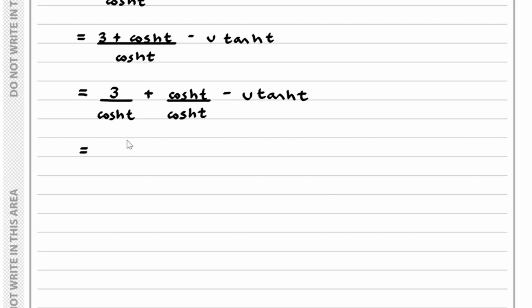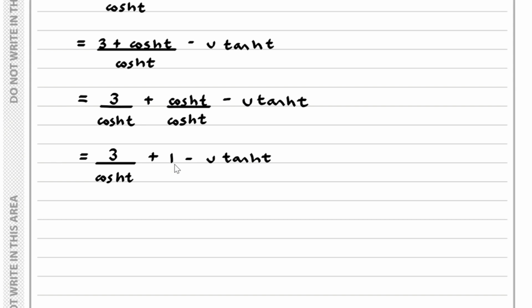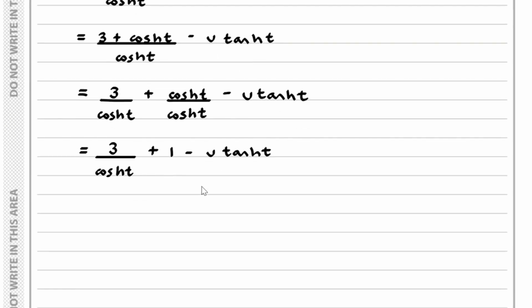So we've got 3 over cos t plus 1 minus u times by tan t. And this is what du over dt is equal to.